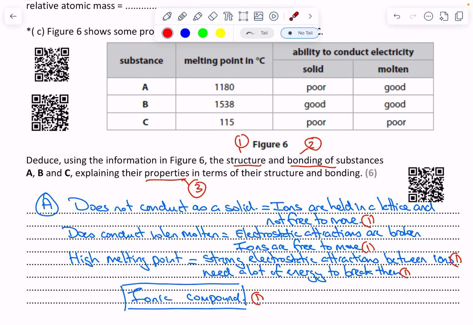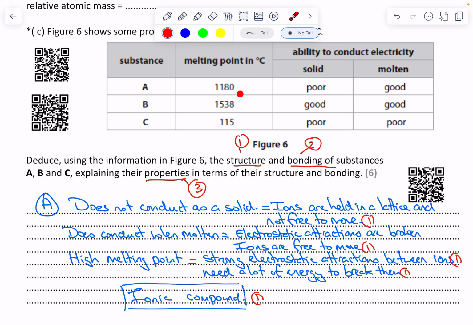So substance A, the fact it does not conduct as a solid, but it does conduct when molten, suggests that this is ionic. And that would mean that it doesn't conduct here as a solid because the ions are held in a lattice and they are not free to move. It will conduct when molten because the lattice is broken, so those electrostatic attractions are broken, and that means the ions are free to move.